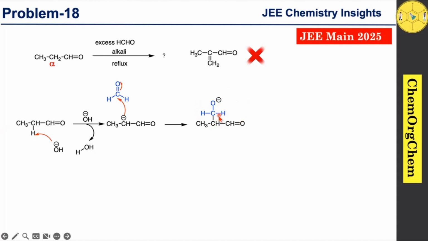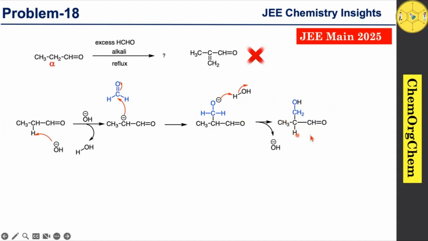Now this intermediate quickly takes a proton from a water molecule. The O negative charge abstracts the proton from water, kicking off a hydroxide ion and producing the corresponding intermediate.